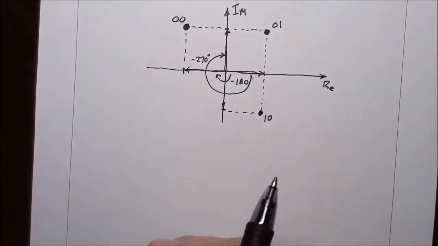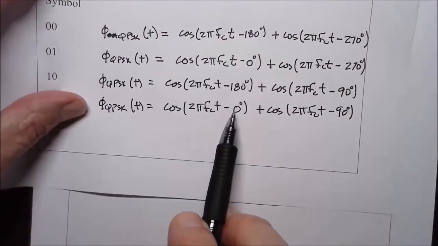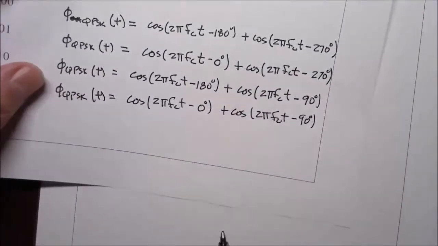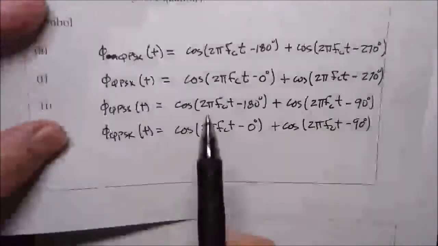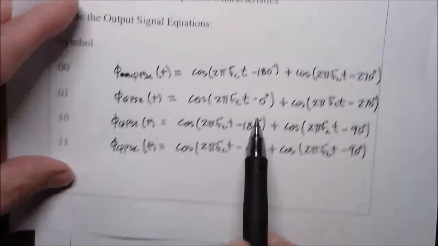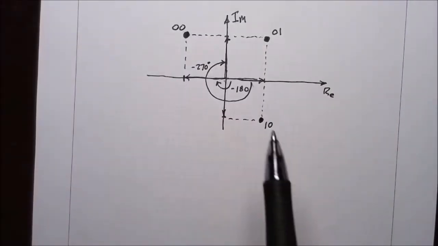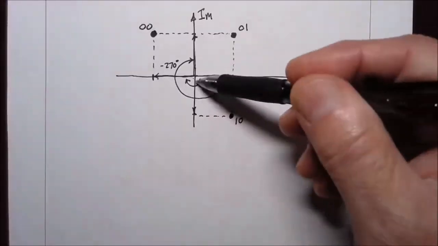And you won't be surprised to learn that the last one is 1 at an angle of, oh, I drew the wrong one. Never mind. See, 1, 0 is 1 with an angle of minus 180. That's this one. Plus 1 with an angle of minus 90. That's that one.